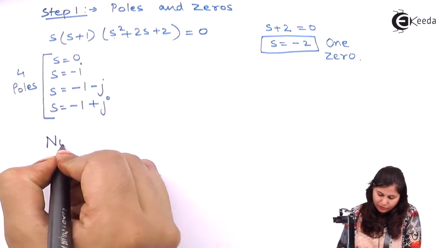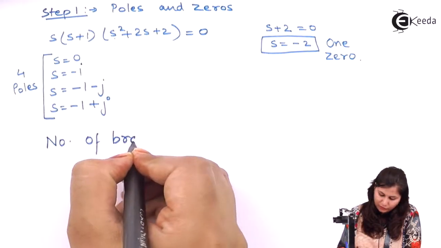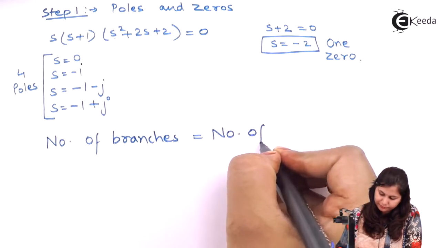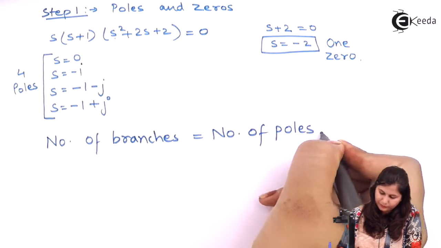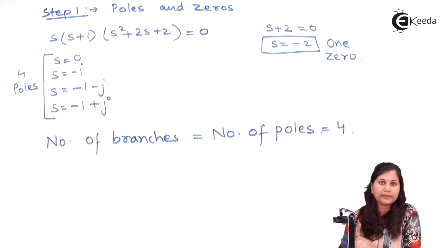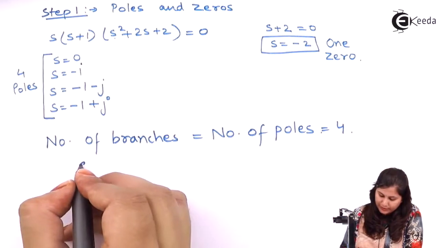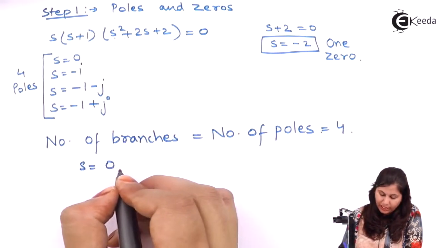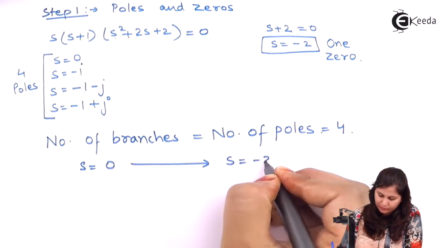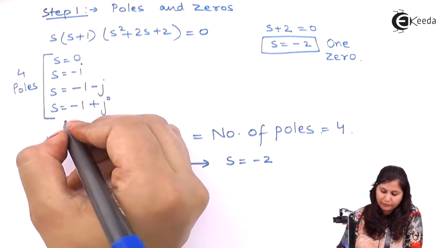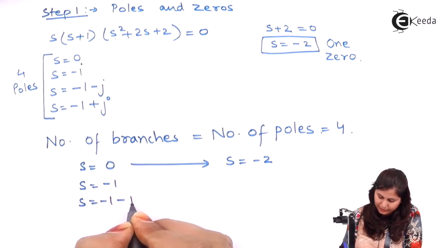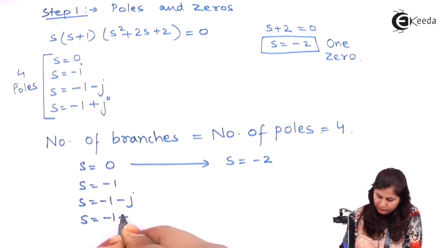So the number of branches, we know that the number of branches of the root locus is equal to the number of poles. So branches will be 4 because we have 4 poles here. So for these 4 poles, s = 0 will start from this pole and it will terminate at the zero s = -2. And the remaining 3 poles will start from s = -1, s = -1 - j, s = -1 + j.